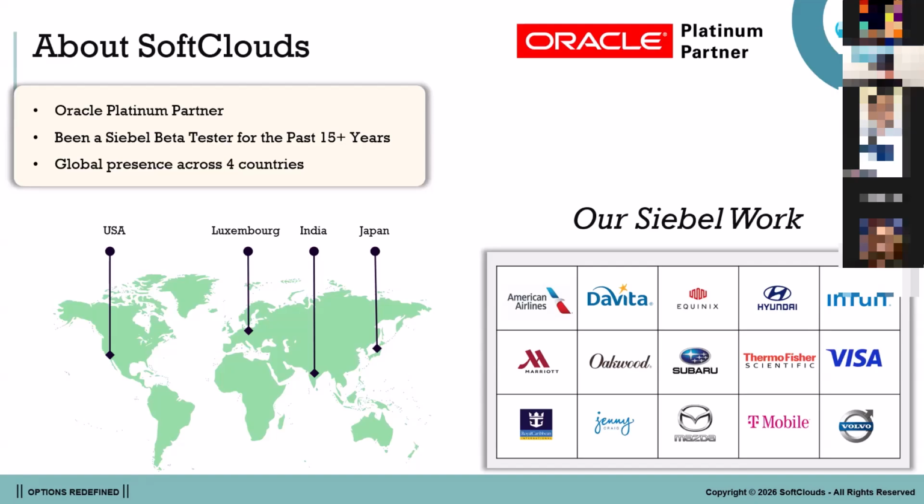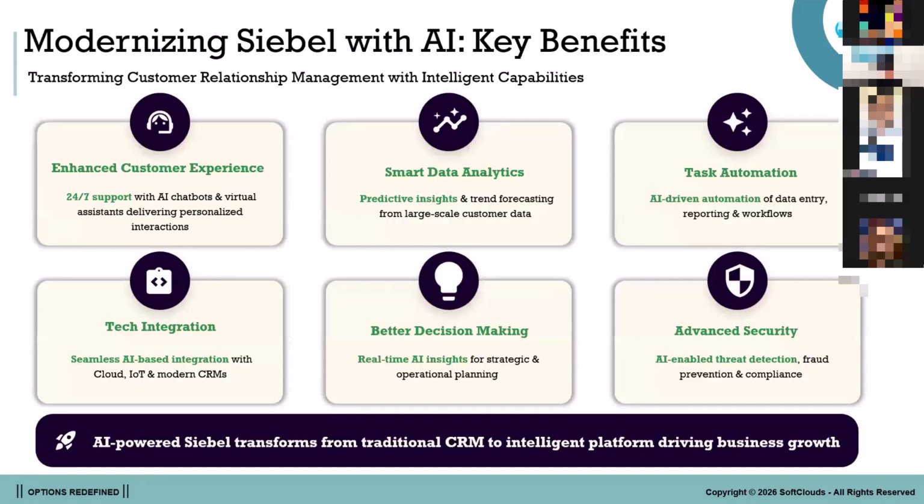Yep. Thanks, Venkat. Yeah. So since we're talking about AI, why AI is beneficial for Siebel, I'm just touching base on a few of the areas, how we can benefit from AI with Siebel. When we say traditional CRMs are reactive, this AI can make them into predictive and proactive systems.